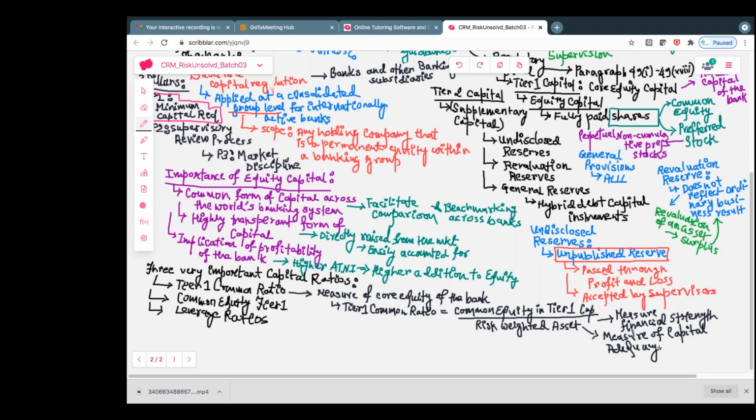So regulators would like to look into this tier 1 common ratio as a measure of the financial strength and as a measure of the capital adequacy that the bank has.